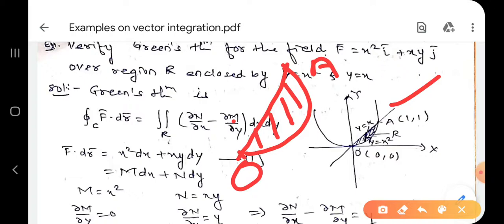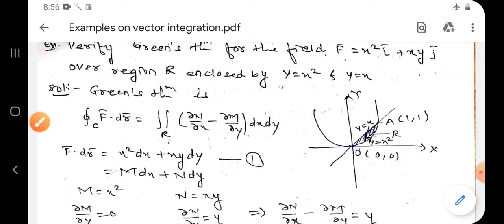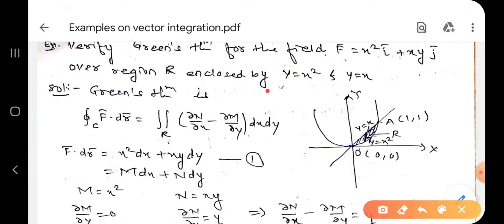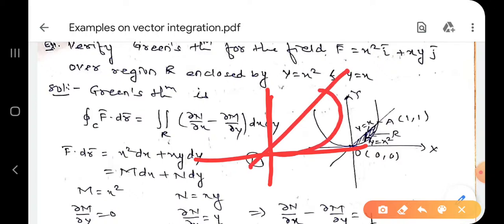Now to verify Green's theorem, we require one strip parallel to the y-axis, and here the curve C we traverse in the anti-clockwise direction. So if you see carefully, this is our x and y axis and this part we get.